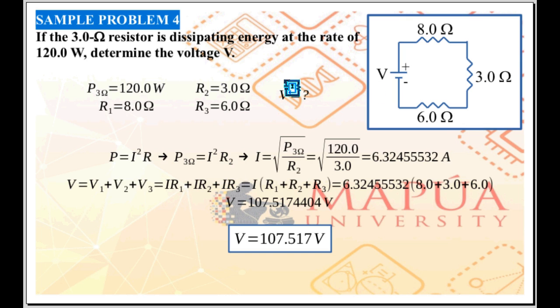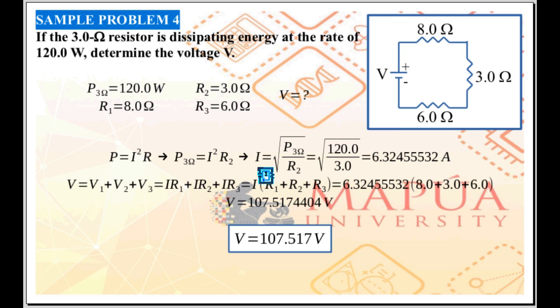R2 is the 3 ohm resistor, and I is the current passing through the circuit. The resistors are in series. Only one line, one current. So there's only one current flowing in the circuit. Let that be current I.